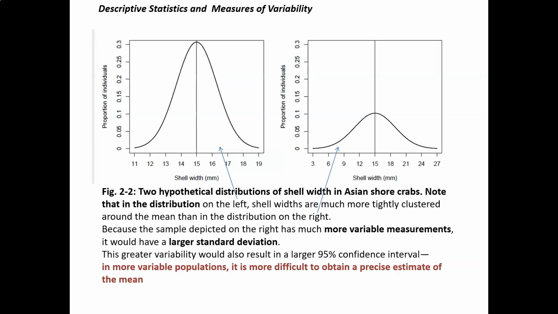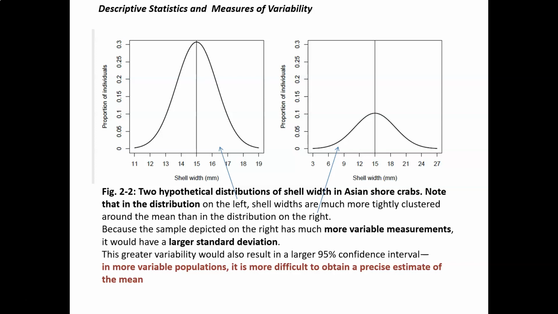Now let's look at these two populations. Here I'm trying to explain the importance of properly understanding sample statistics. Two hypothetical distributions of shell widths of Asian shore crabs are shown here, to the left and to the right. Actually, let me get my pointer.